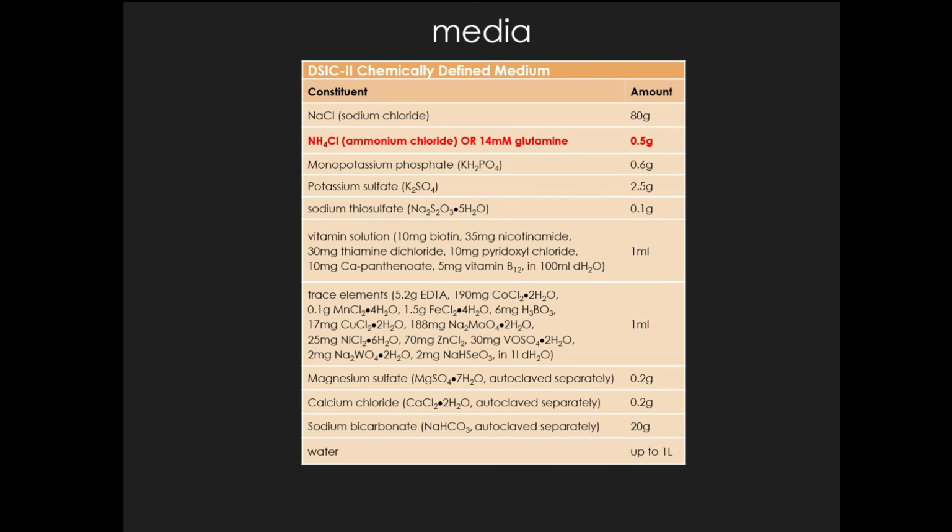One of those ingredients is nitrogen. They need a nitrogen source. In the first example, which yielded an 85-hour generation time, we used 0.5 grams per liter of ammonium chloride, which we switched to glutamine for the second experiment and reduced the generation time to a third. So even small media changes really do matter.